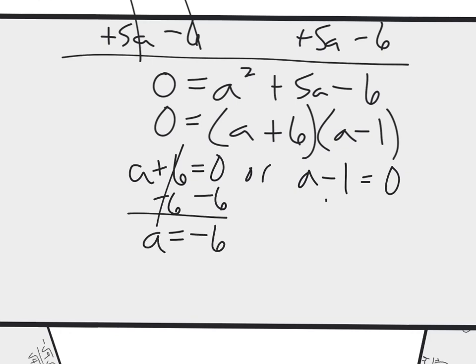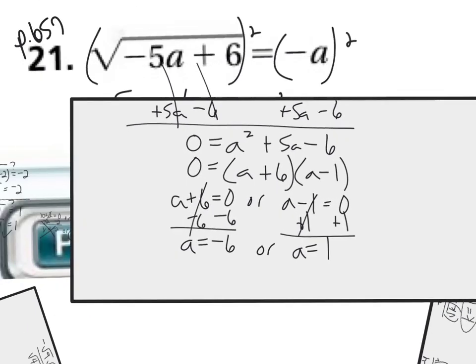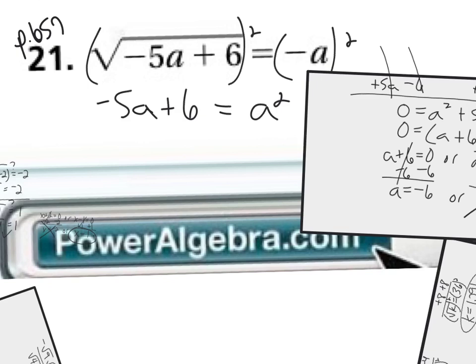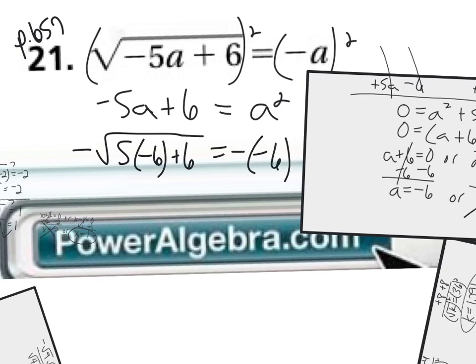So either a equals -6 or a equals 1, and again, one of those is not going to work. Well, if you even just think about it, if a was 1, you'd have the square root equaling a -1, so that can't work. If you try the other one, if you try -6, you got to be careful with all these signs here.